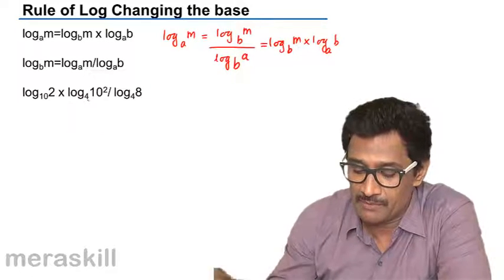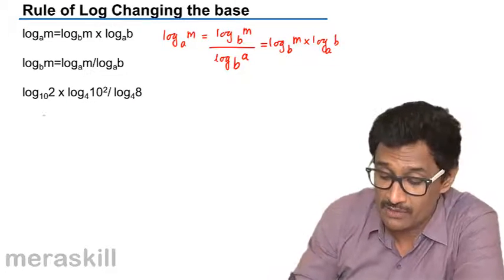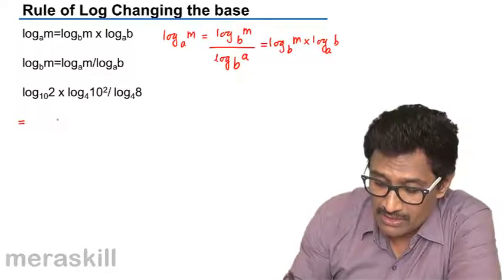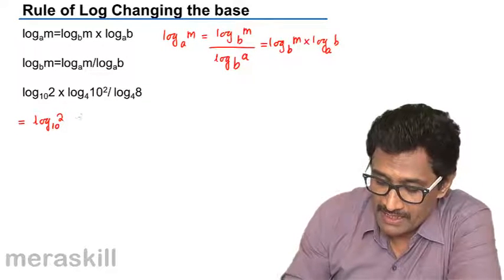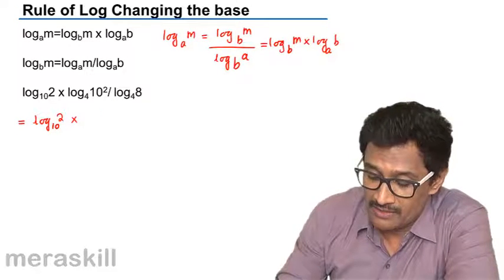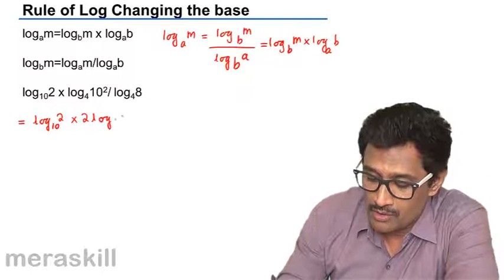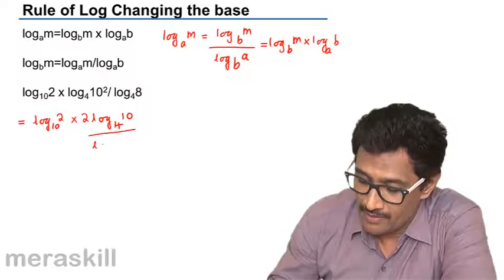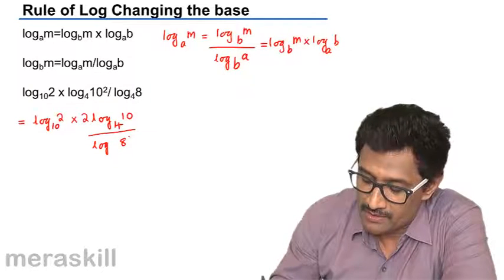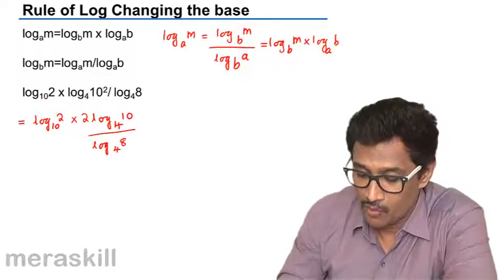So on that basis, suppose you have something like this. How can we solve this? So this can be now written as log 2 to the base 10. And you can write this as 2 log 10 to the base 4 divided by log 8 to the base 4.